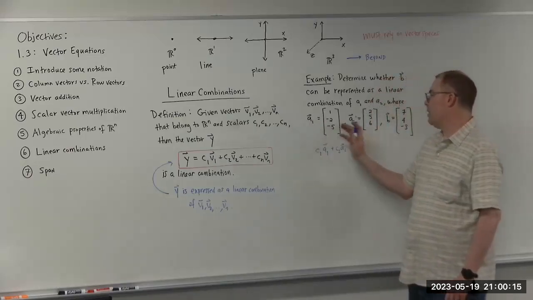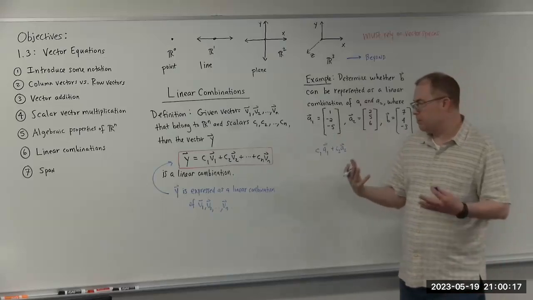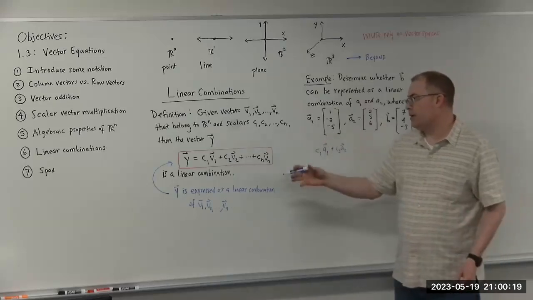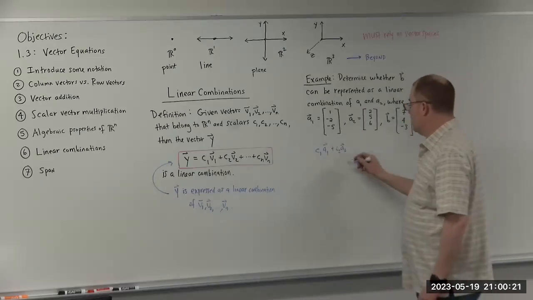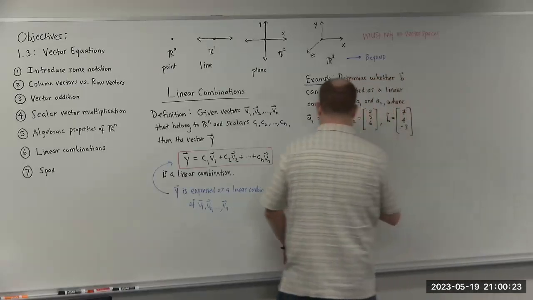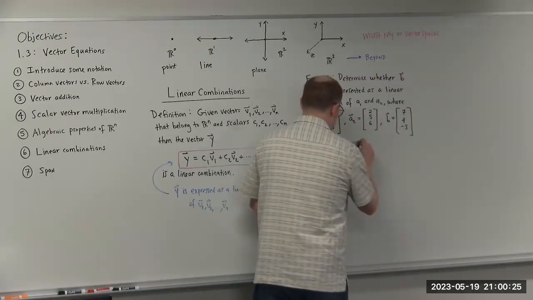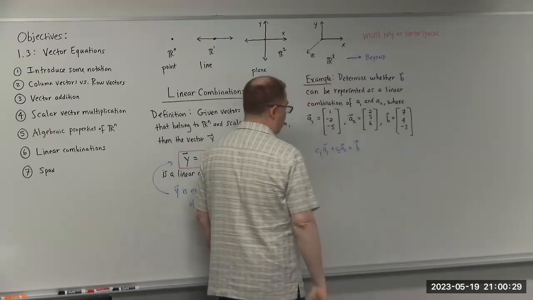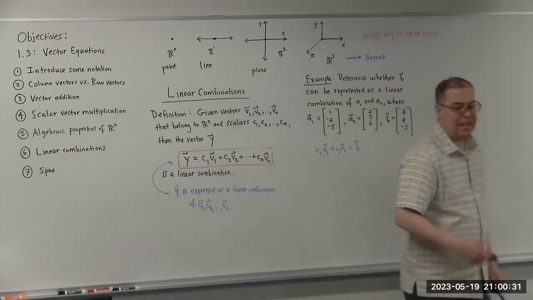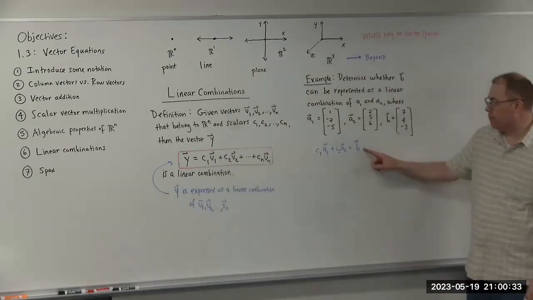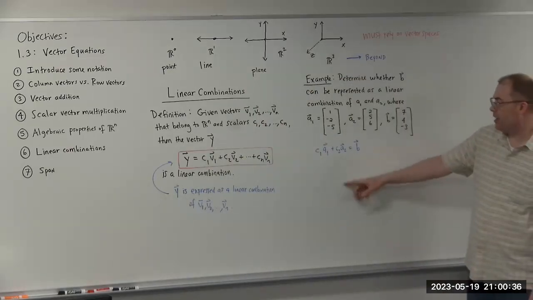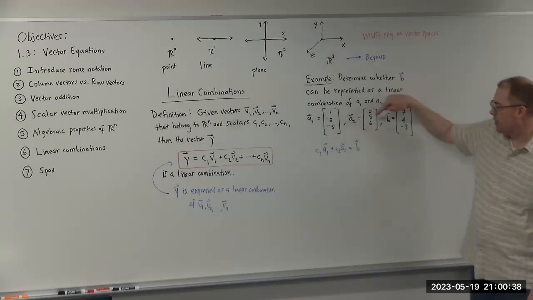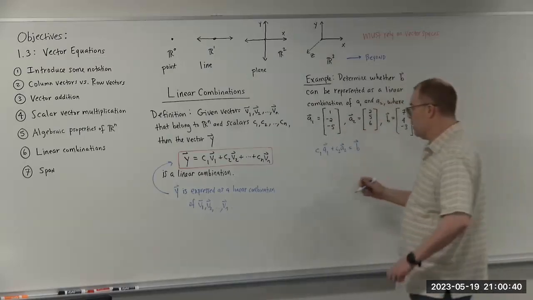I'm using A1 and A2 here, but you can use whatever letters. Can we find a solution to this? If we can, that means that B can be represented as a linear combination of this vector A1 and this vector A2.